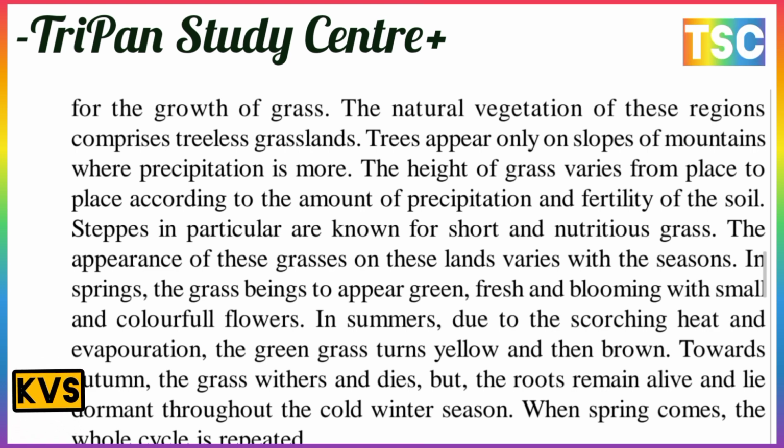In spring the grass begins to appear green, fresh and blooming with small and colorful flowers. In summer, due to scalding heat and evaporation, the green grass turns yellow and brown. By autumn the grass withers and dies, but the roots remain alive and lie dormant throughout the winter season. When spring comes, the whole cycle is repeated.